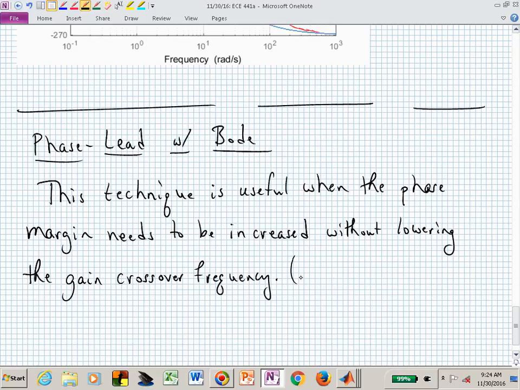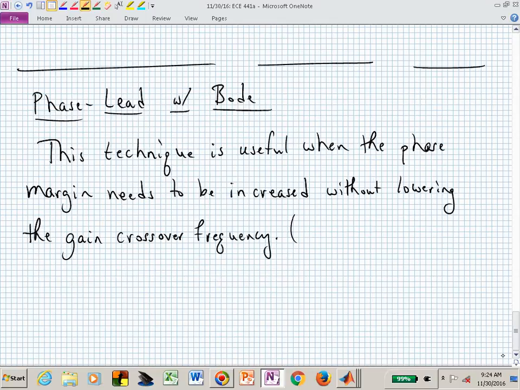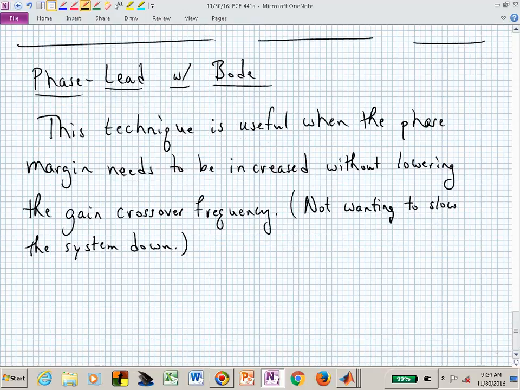By not lowering the gain crossover frequency, we're actually not wanting to slow the system down. That's our objective: to increase our phase margin without making our gain crossover frequency lower in frequency.